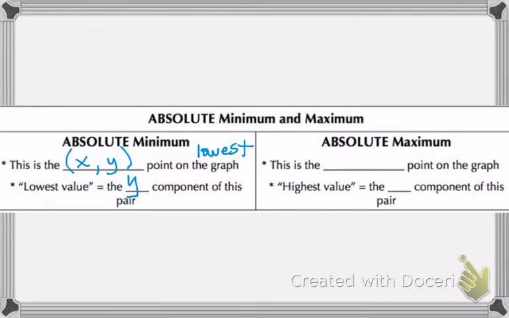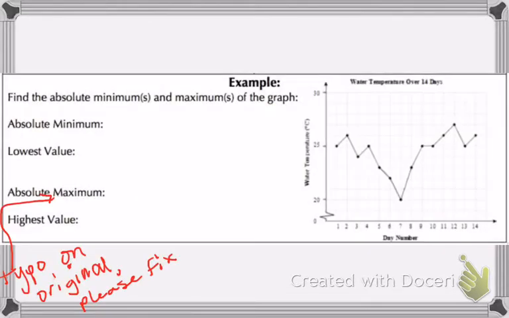The absolute maximum is the xy point that is the highest point on the graph, and likewise the highest value is the y component of this pair. You'll see an example in just a second, and we're almost done.